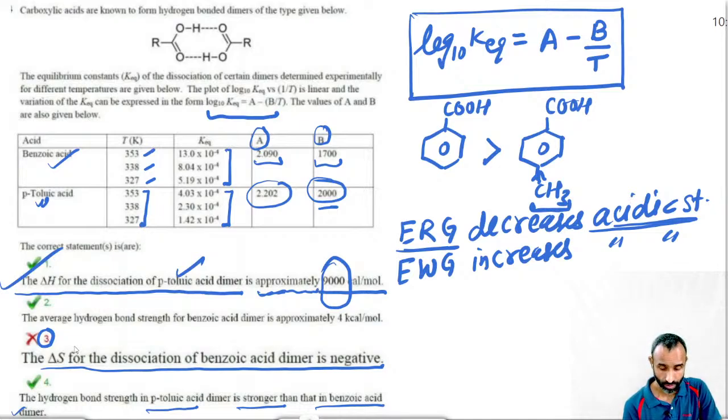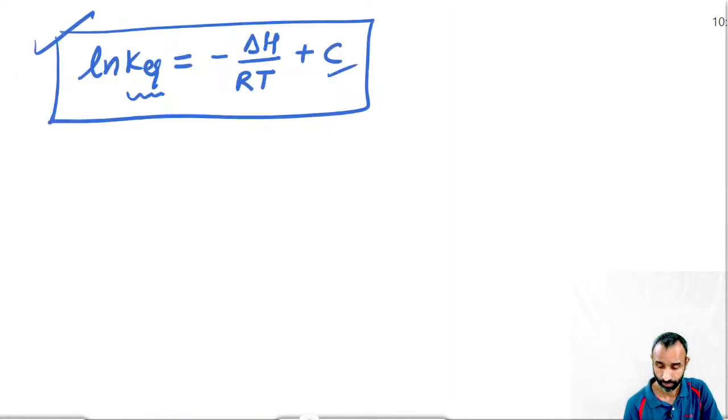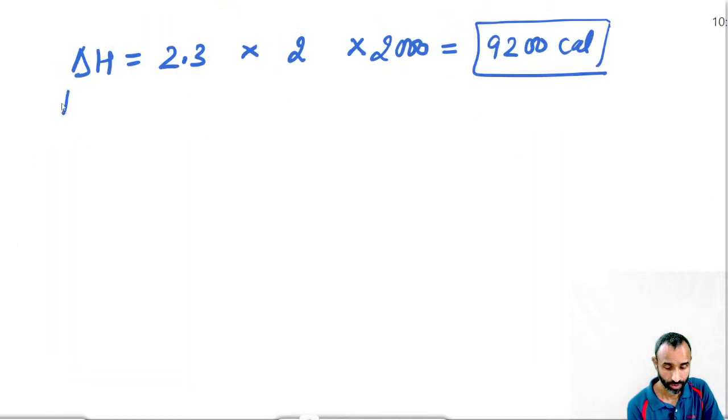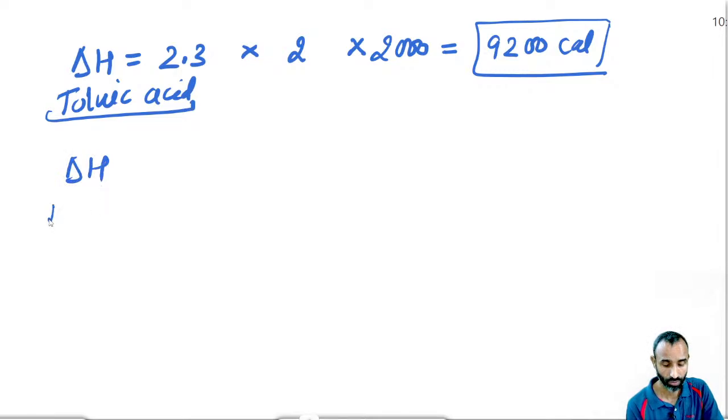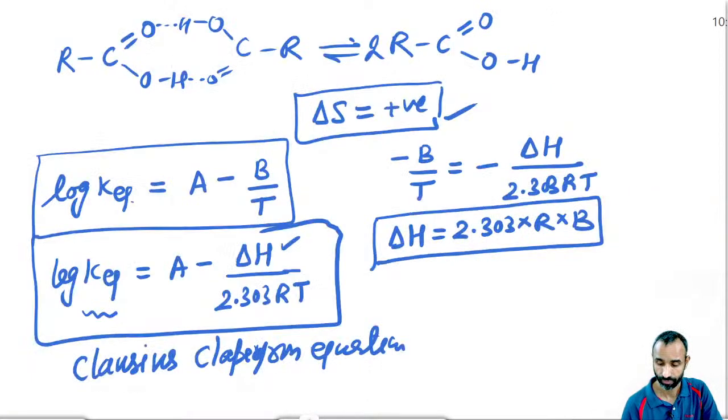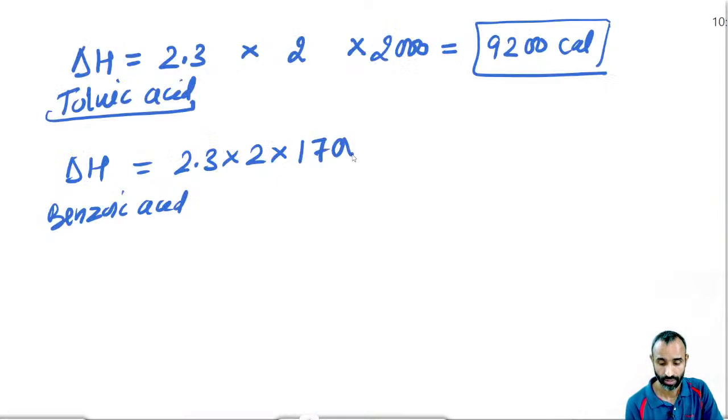Next, for benzoic acid, what is delta H? That was delta H for toluic acid, the enthalpy of dissociation. Now the enthalpy of dissociation for benzoic acid is 2.303 into 2 into, instead of 2000 now, 1700 for benzoic acid.